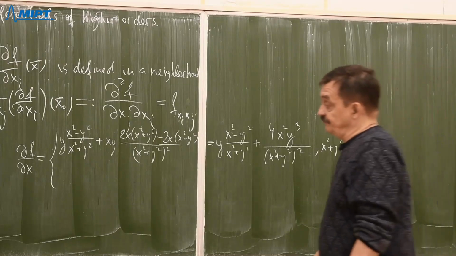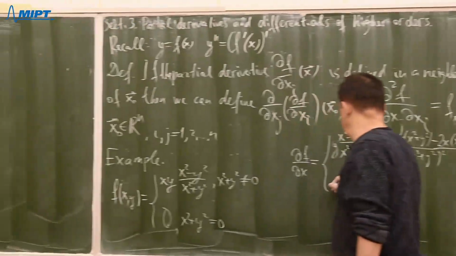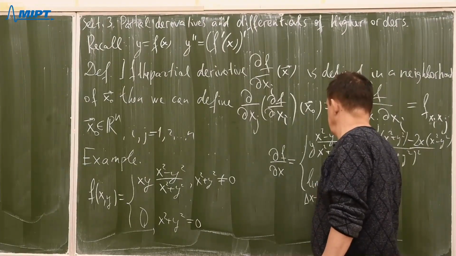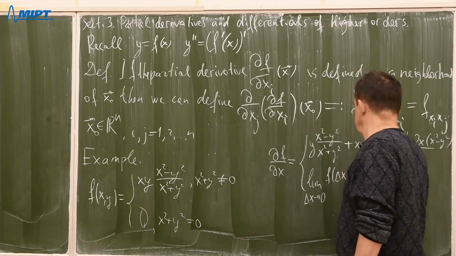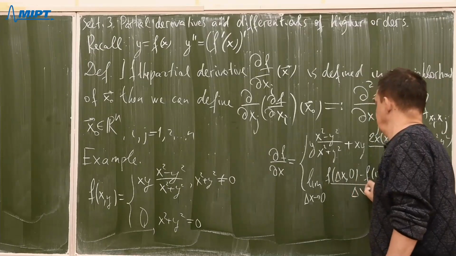And if x squared plus y squared equals 0, then we proceed by definition, that is the limit as delta x tends to 0 of f of (delta x, 0) minus f of (0, 0) over delta x.